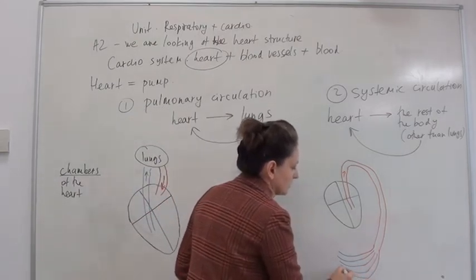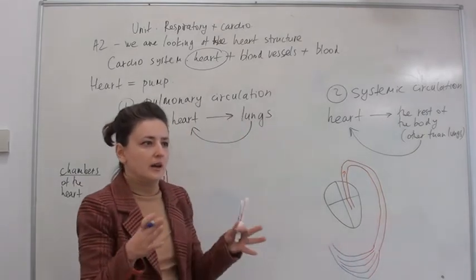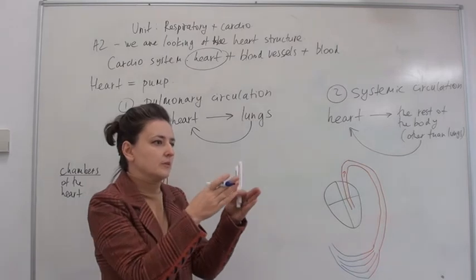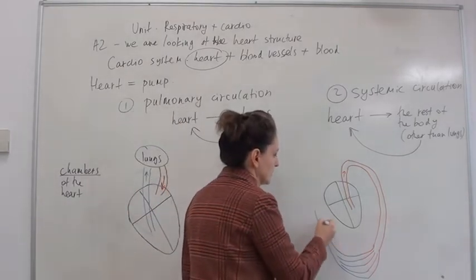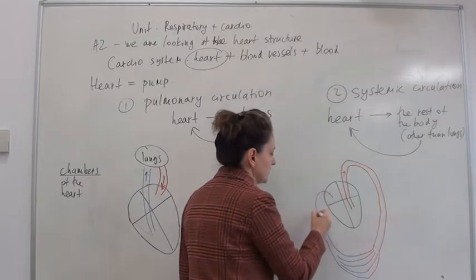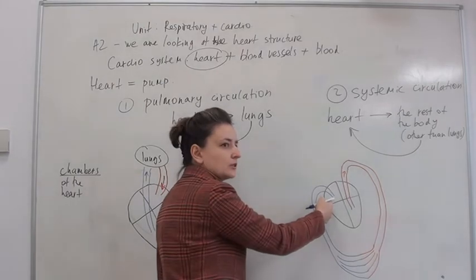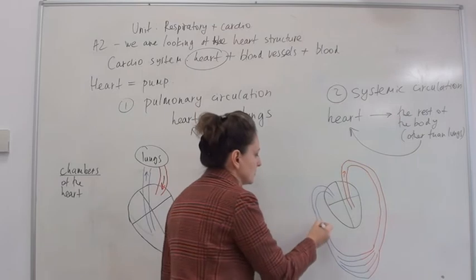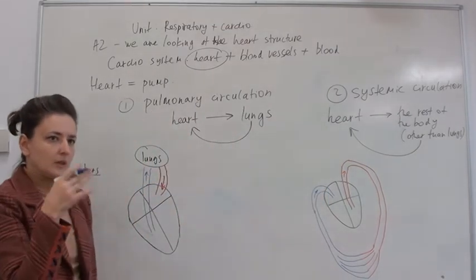That deoxygenated blood is then going to start getting gathered together in bigger and bigger streams until you get to much bigger blood vessels, and they're going to end up in this particular chamber. Terry, your turn. What's the name of this chamber? Again, try not to look in your notes. Right atrium. Spot on.